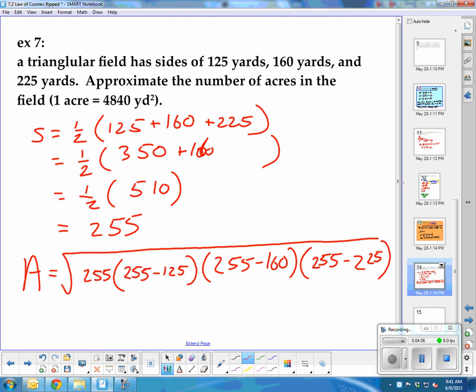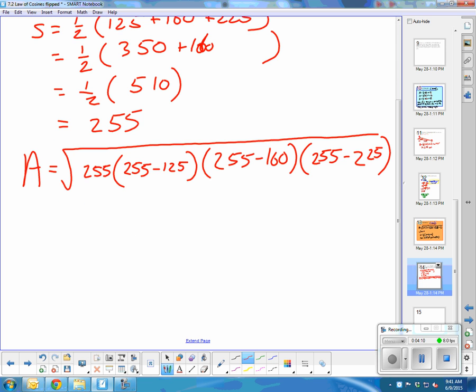And it's just a matter of popping that into the calculator, not a big deal, and we end up getting 9,720. Now, these are still our yards measurements, so 9,720 square yards.